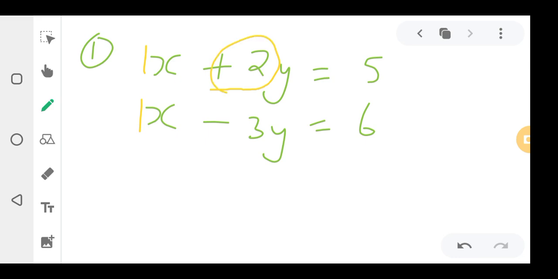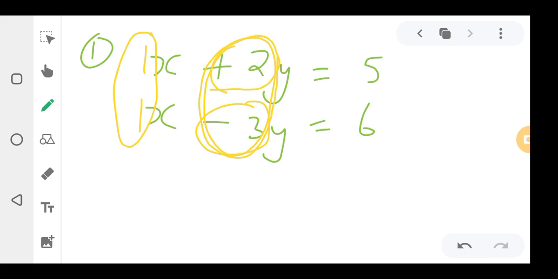Positive 2. In front of the y down, what number is there? Negative 3. Okay, so you look at the numbers in front. Here the numbers in front are 1 and 1. Here the numbers in front are positive 2 on top and then negative 3 down.